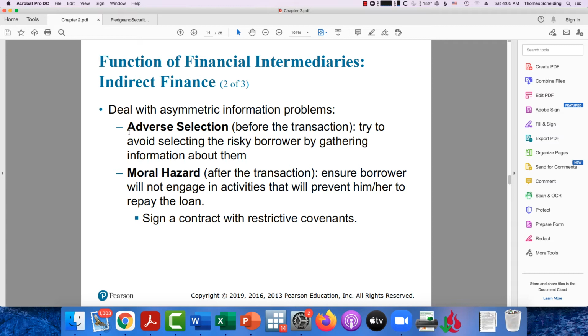Indirect finance is useful as well for two of the big information problems that plague financial markets, and that would be adverse selection and moral hazard. In adverse selection, the problem we have here is, let's say someone needs money, is it just because they're desperate that they need the money, or are they getting the funding just as a precaution?